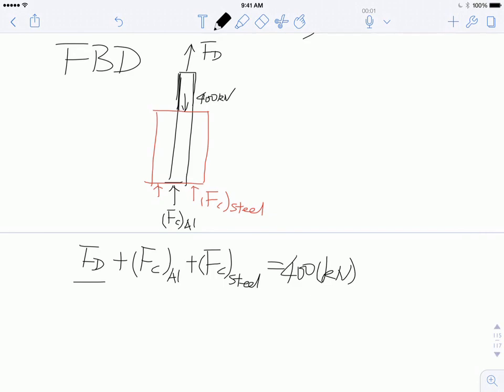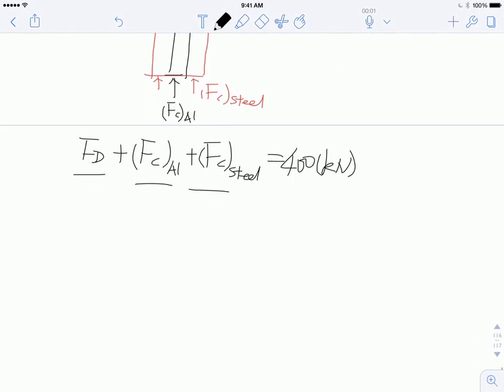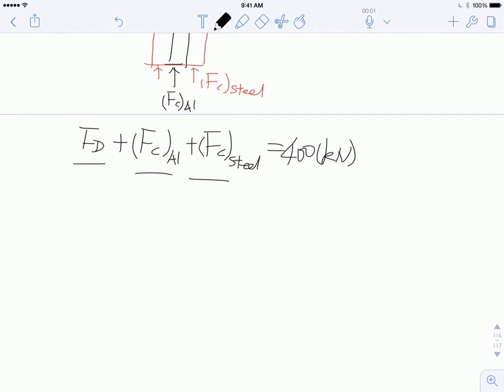Now, three unknowns, one equation, we're far away from being able to solve it, right? So how do we solve for the other two? Immediately we know F_CD is 0, right? So that's something we can do, okay? Now, F_CD is 0, in other words, see here, we have the top section right here.